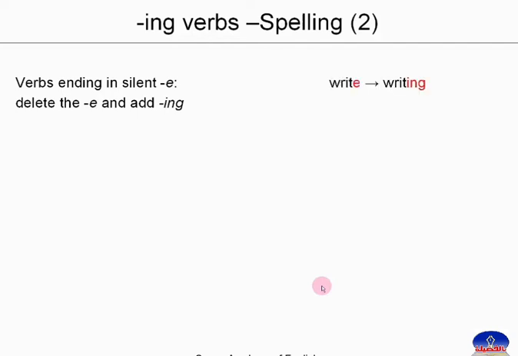For example, write, with an E at the end, so this E is silent, we don't hear the letter E, and when we want to create the ing form, we remove the E and then we add ing. So you can see there's no letter E here, the E has been deleted. Observe, observing. Explode, exploding.